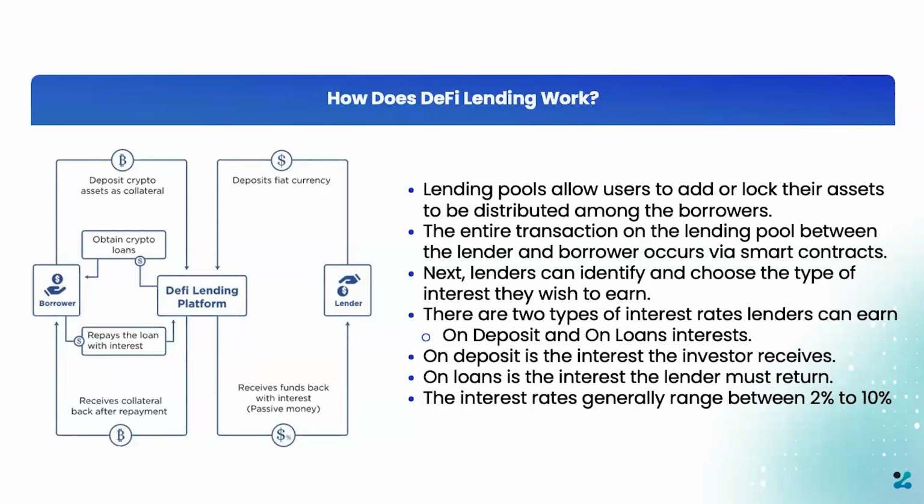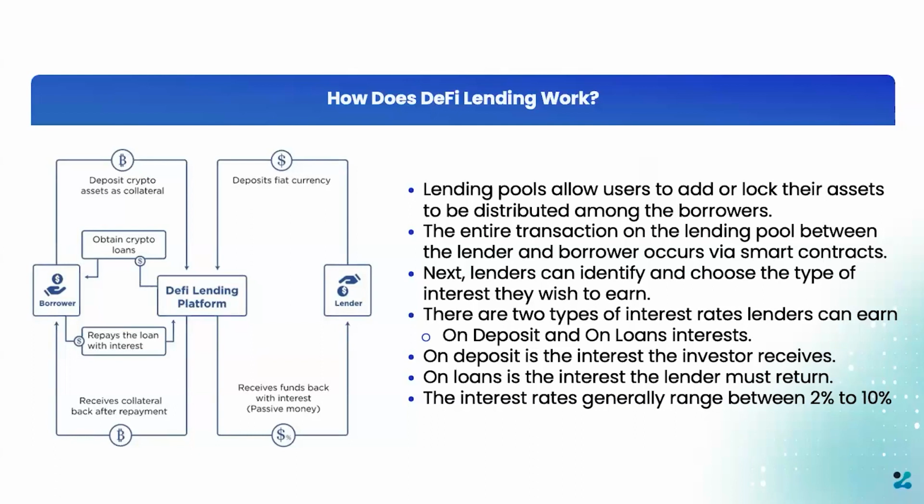And then, once you have taken the loan, let's say there's a price fluctuation. So let's say you deposited $1,000 worth of Ether and you have taken $700 worth of token as a loan. Now, if the value of Ether goes down, the collateral that you have put in may not be $1,000 worth of Ether anymore. It may be $900.